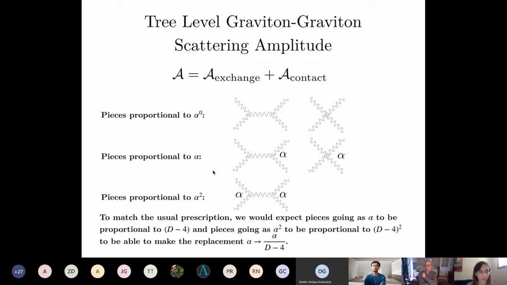You would get something proportional to alpha, which would include an exchange between a GR vertex and a Gauss-Bonnet vertex, and your Gauss-Bonnet contact term, and then pieces proportional to alpha squared, which would come from an exchange diagram between 2 Gauss-Bonnet terms. So to match the usual prescription, we would expect pieces going as alpha to be proportional to d minus 4, and pieces going as alpha squared to be proportional to d minus 4 squared. That would allow us to make the usual replacement, which is taking alpha to alpha over d minus 4.